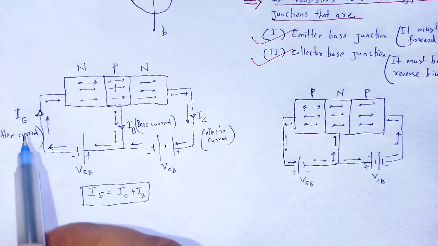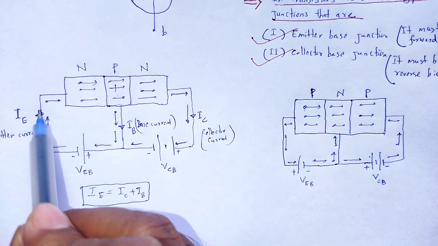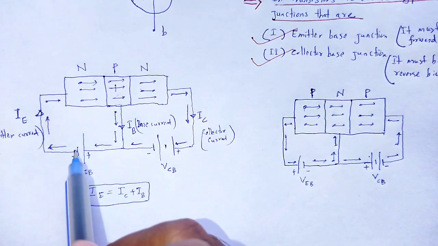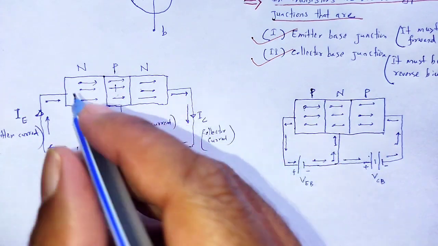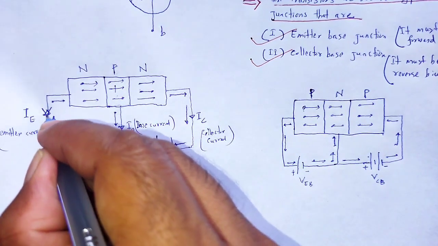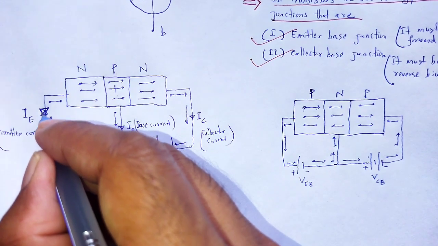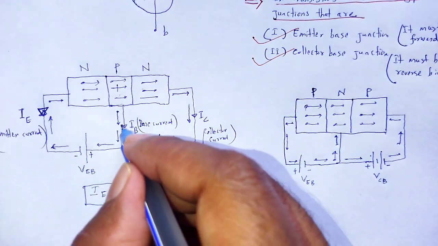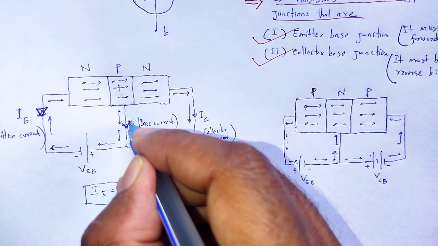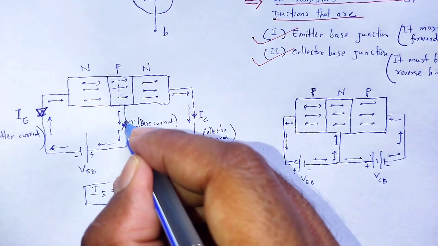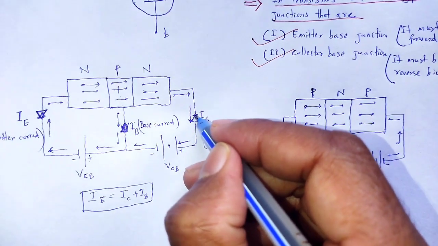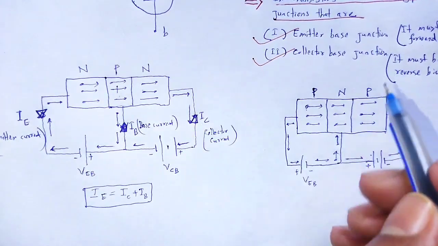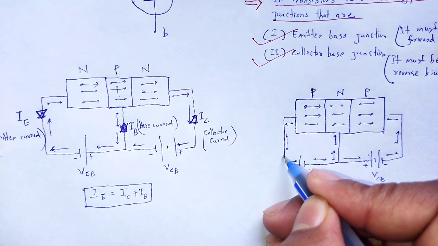Look at that figure: that is not the direction of flow of current, that is the direction of flow of electrons, but conventional current flows in the direction just opposite to that of electrons. The direction is just like this.